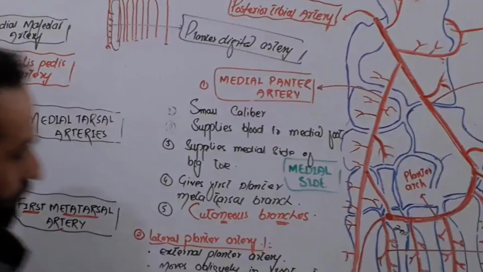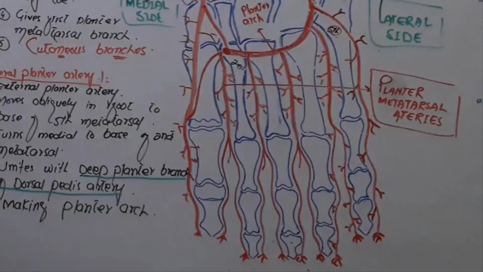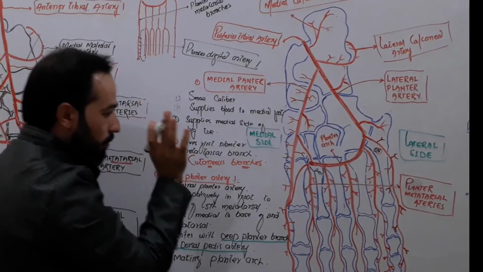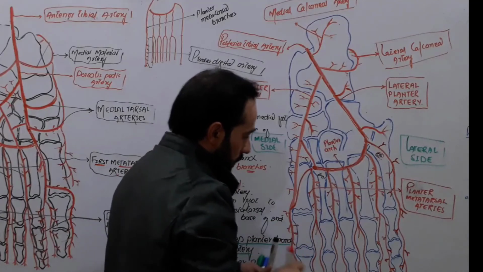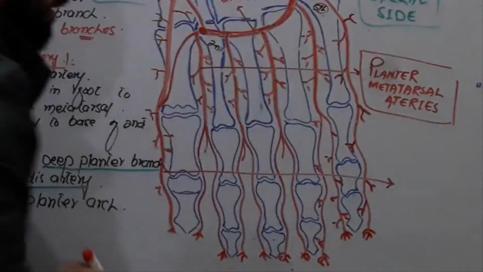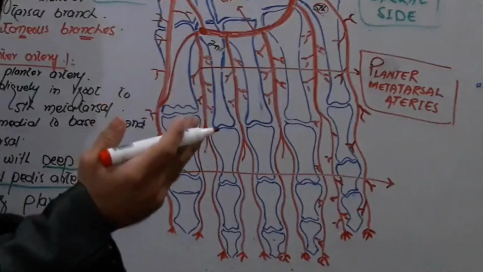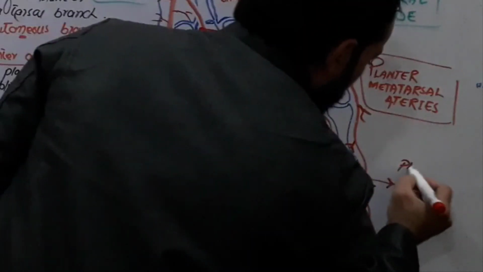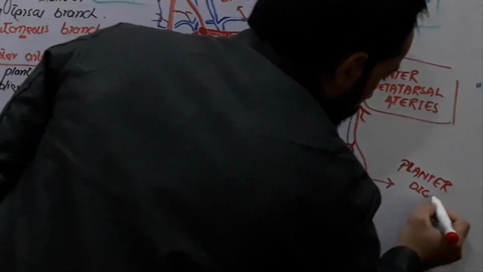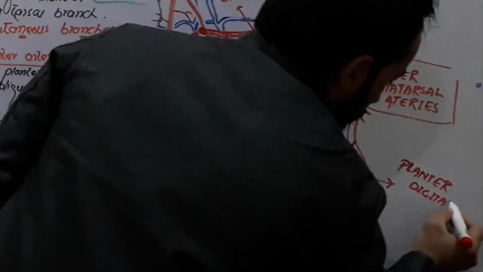Clear, friends? So we have shown them here. I hope this diagram is clear. From this diagram, you know them. Right. So all these arteries are called the digital arteries in the plantar surface of the foot. That's why we call them plantar digital arteries.